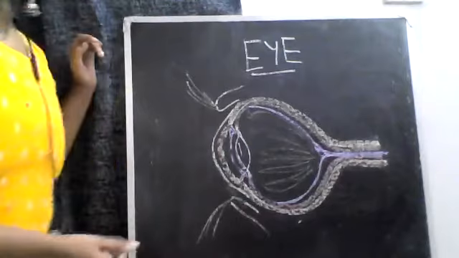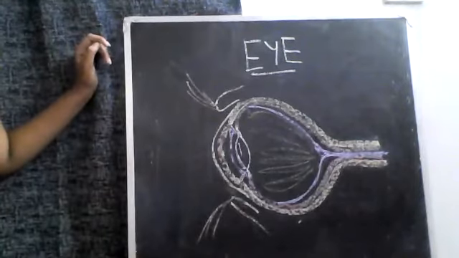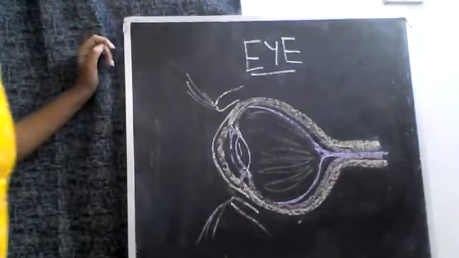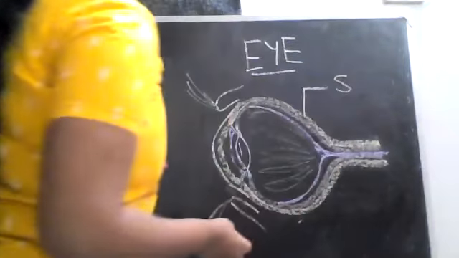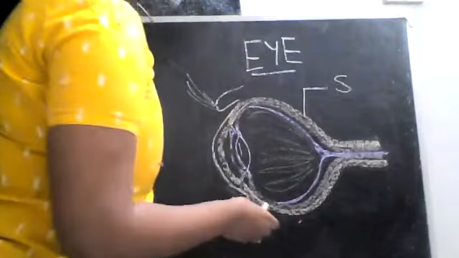Now let's do the labelings. The outermost one, I told you, is called sclera. The next layer is called the choroid.